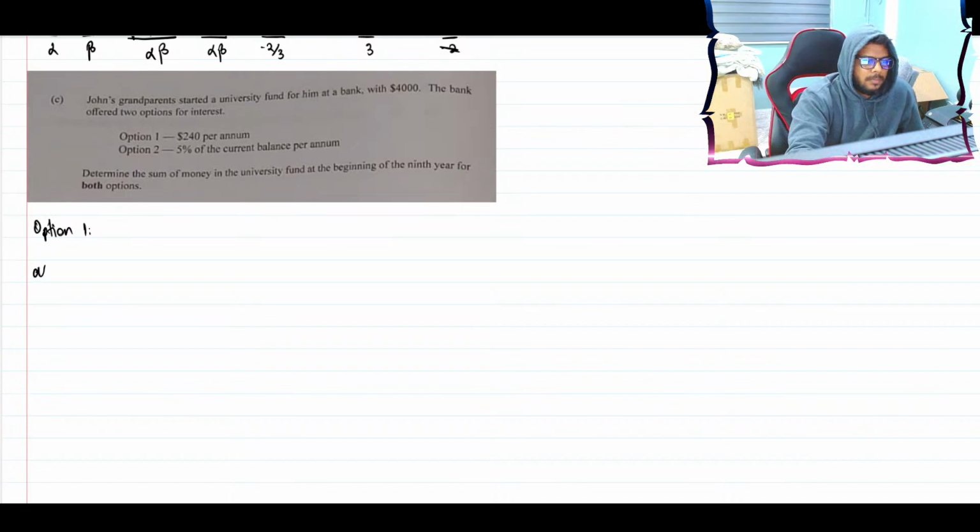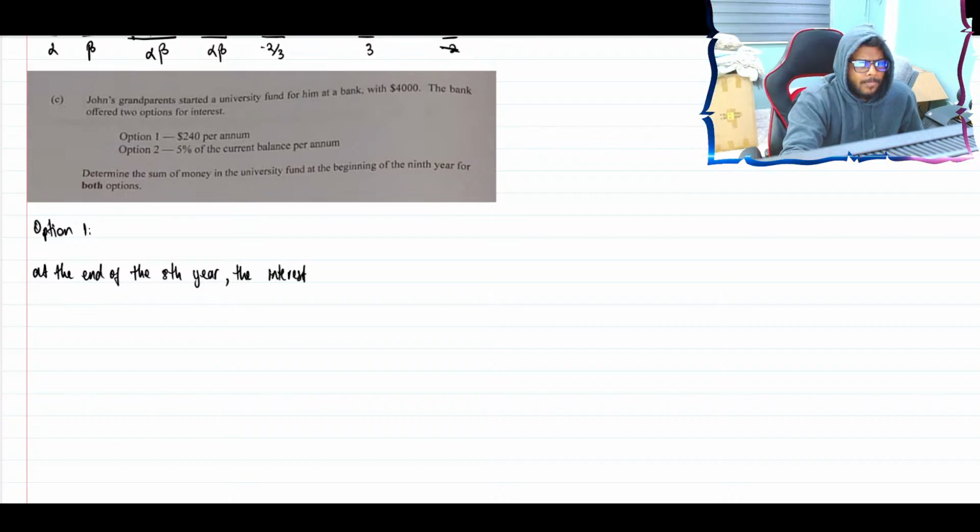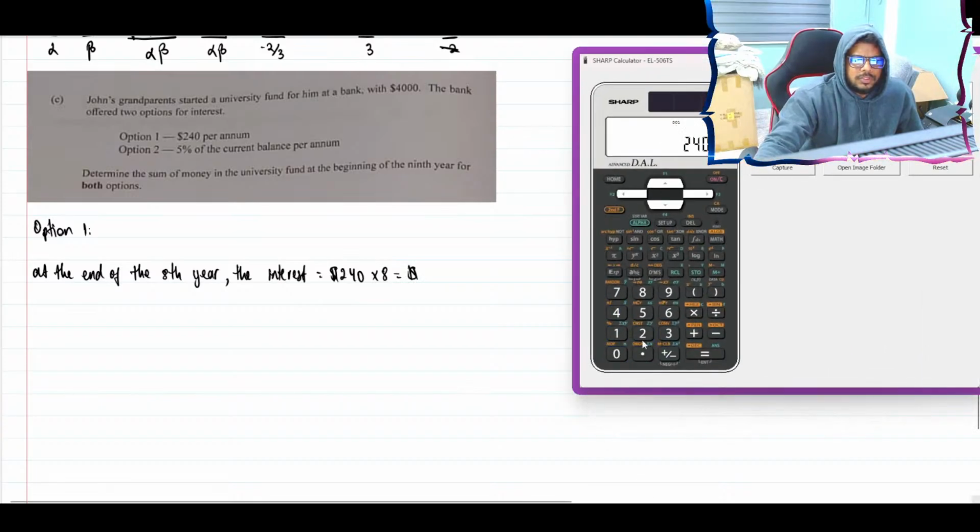So we say at the end of the 8th year, the interest will be equal to $240 multiplied by that 8 years. 240 multiplied by 8, 1920.